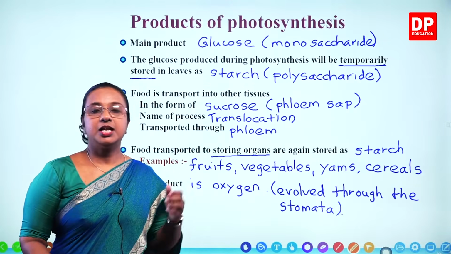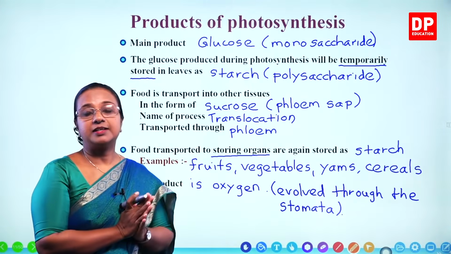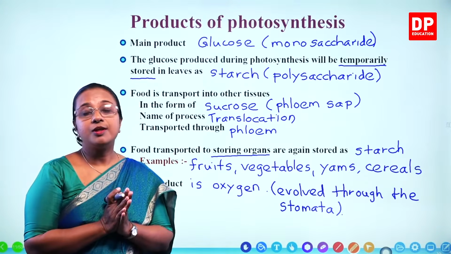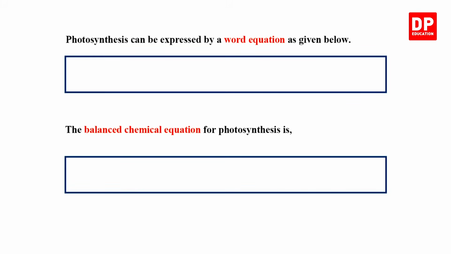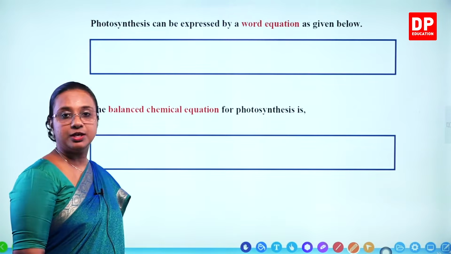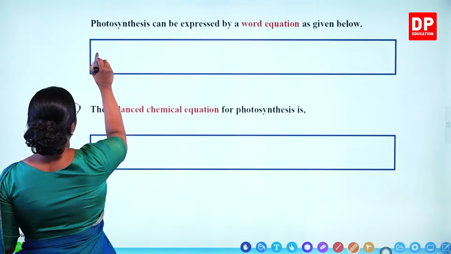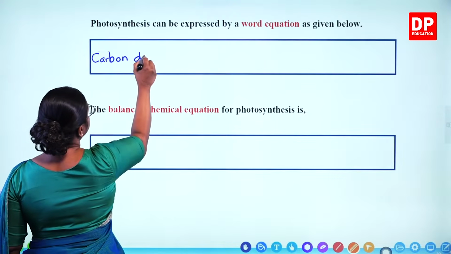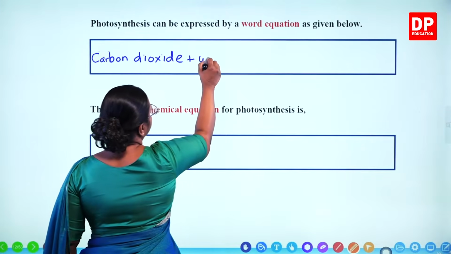So students, now you know the process of photosynthesis, the factors necessary and the products. We can put all of this into an equation form. We will discuss that. Photosynthesis can be expressed by a word equation as given below. So to write the word equation, we need to have the raw materials, carbon dioxide, and water.